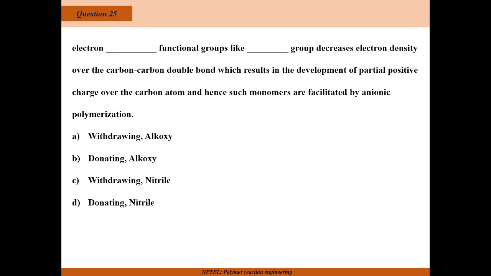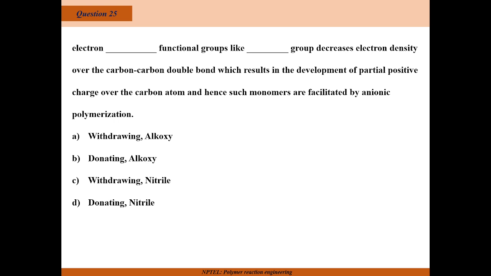Now, electron dash functional groups like dash group decrease electron density over the carbon-carbon double bond, which results in the development of a partial positive charge over the carbon atom, and hence monomers are facilitated by anionic polymerization. So it should be either donating or withdrawing, like alkoxy and nitrile.